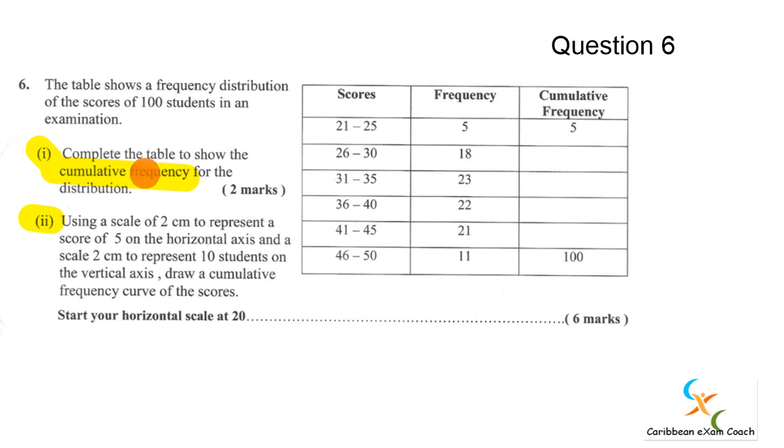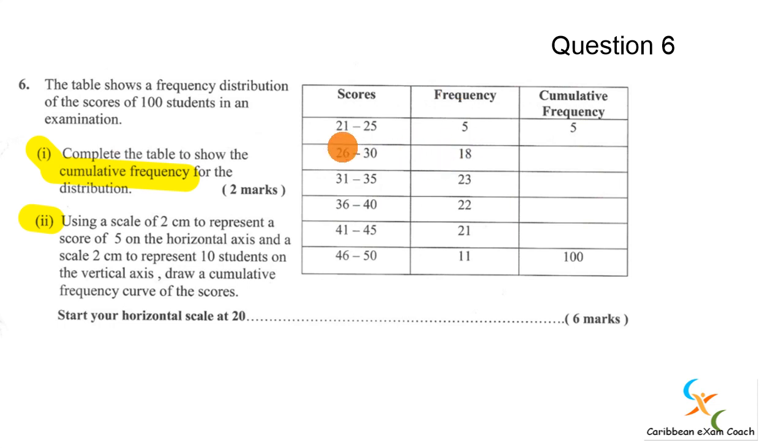The question asks you to complete a table. So you're given a table. Do you understand the table? It has the scores. What's the meaning of these numbers 21 to 25, 26 to 30? What's the meaning of frequency here?